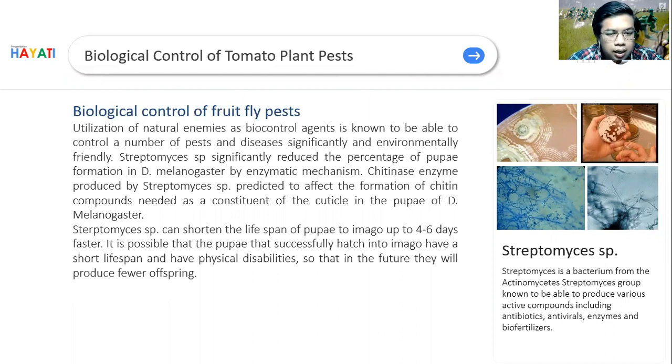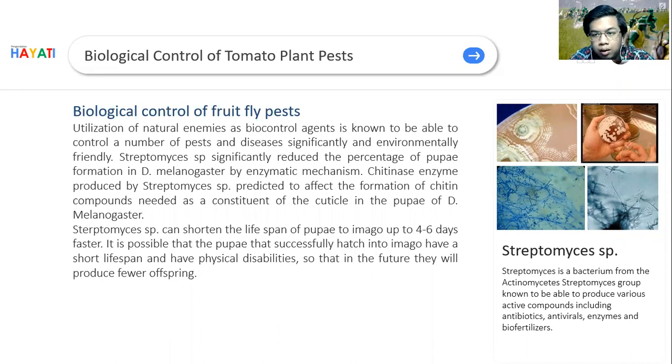Streptomyces sp. can shorten the lifespan of pupae to imago up to 4 until 6 days faster. It is possible that the pupae that successfully hatch into imago have a short lifespan and have cycle disabilities, so that in the future they will produce fewer offspring.